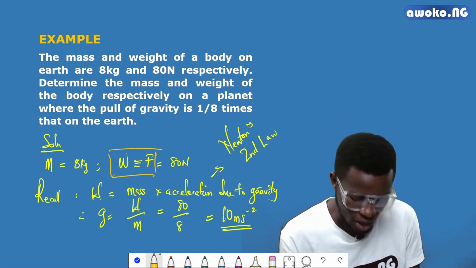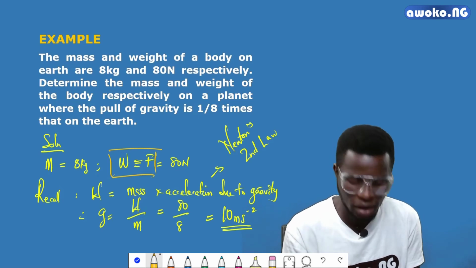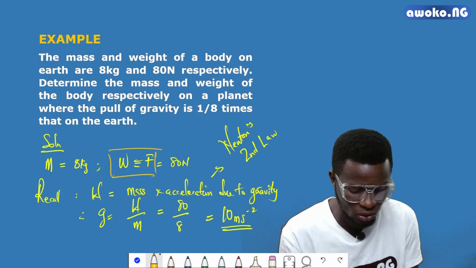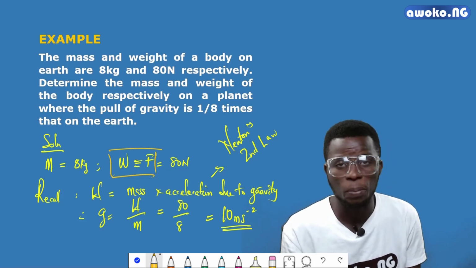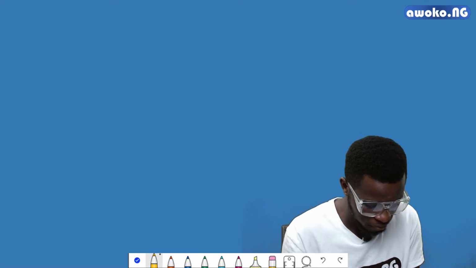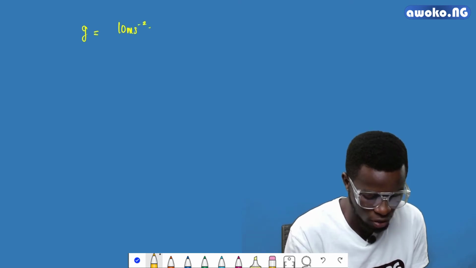Of course not. We're asked to find the mass and the weight of the body respectively on the planet if the gravitational pull is 1 over 8 times that on the earth. So the next thing to do: remember we said that g is equal to 10 meters per second squared.